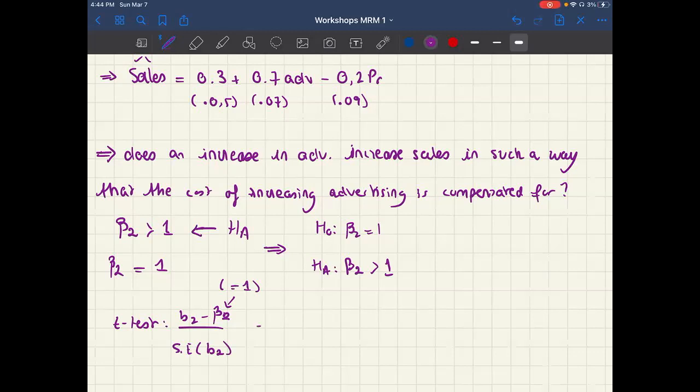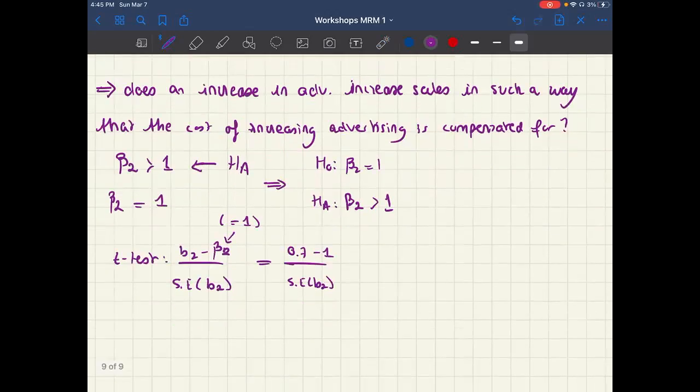And the way you would measure this is, you have your estimate for b2, which is equal to 0.7 right here, subtract 1 under the assumption that the null hypothesis is true, and divide by the standard error of b2. And so you have this value, which I'll call, let's say, gamma.